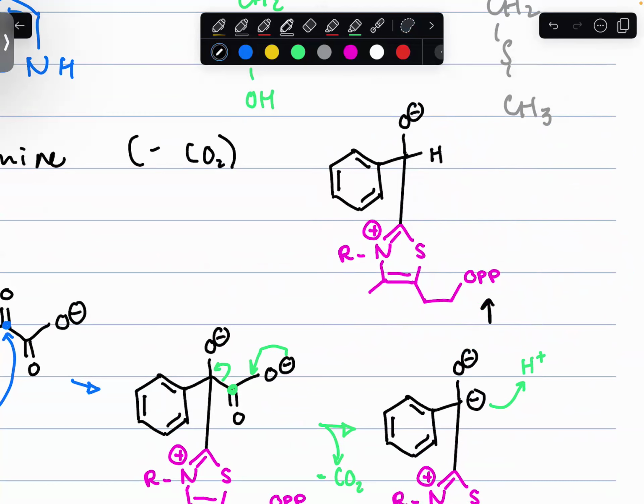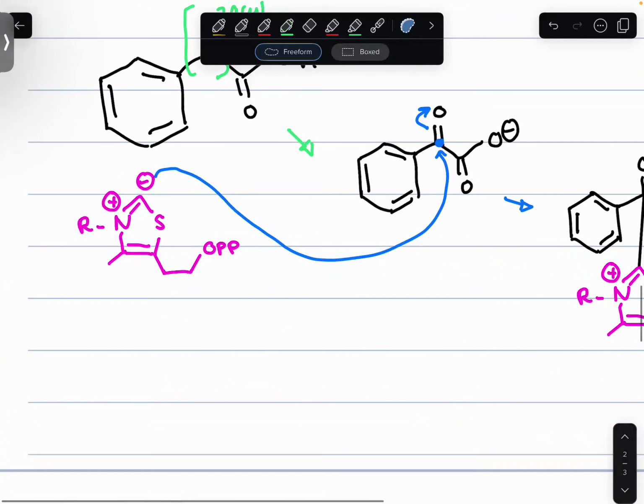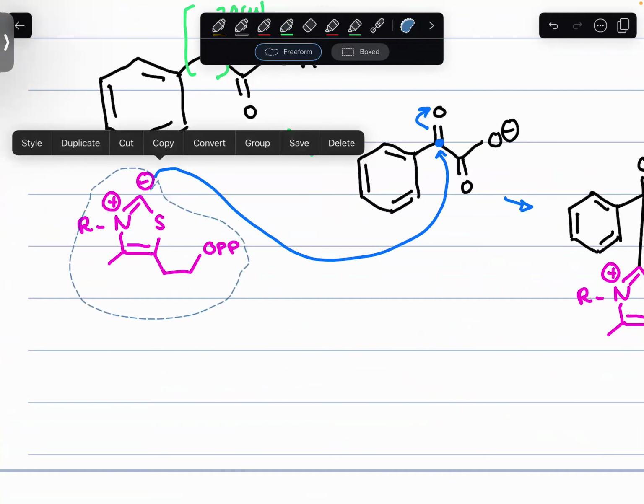So now the last step is just to kick off our thiamine. Kick that off. So we'll get our thiamine restored to exactly as it was before, with the zwitterion state.